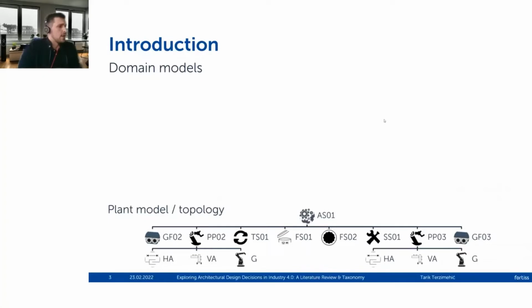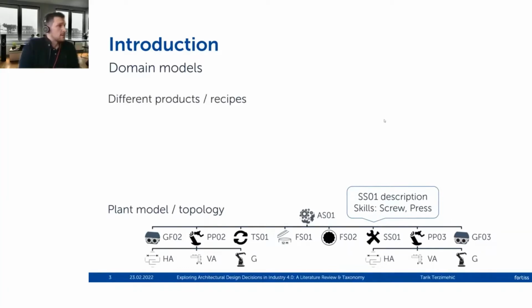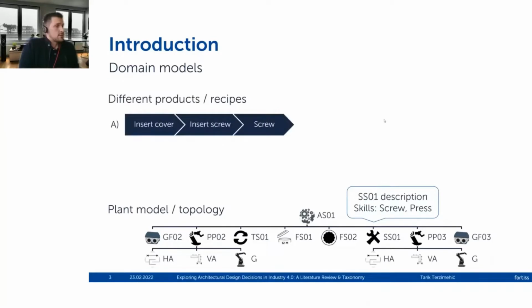We also have, for each station, a description of what this station can do. This is usually done with ontologies, but here we keep it simple and abstract. For example, this station can do screw and press steps or functionalities. Then products are described by recipes. This is the production.